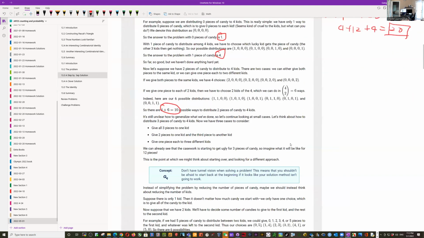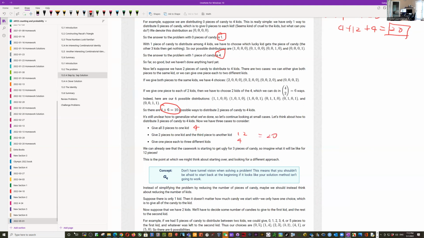Then 3 pieces, this is 4, this is 12, this is 4. So that's 20.